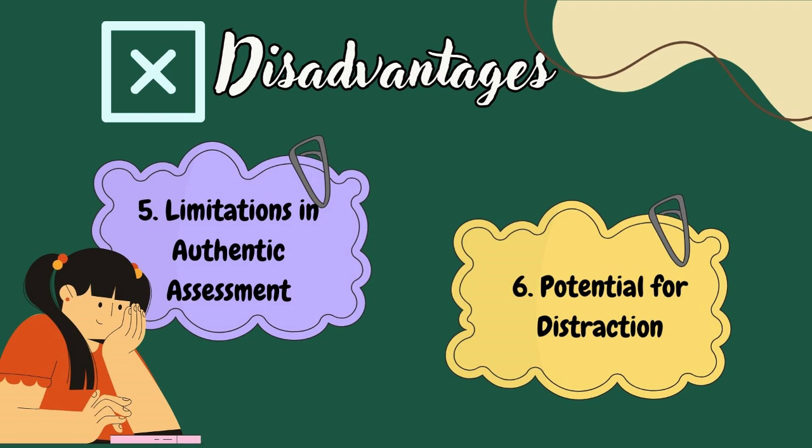Moreover, the abundance of online resources and information on the internet can be a distraction during assessment. Students may be tempted to search for answers or seek external help, compromising the authenticity and integrity of the assessment process. This reliance on external sources can hinder critical thinking and problem-solving skills that assessments aim to evaluate.